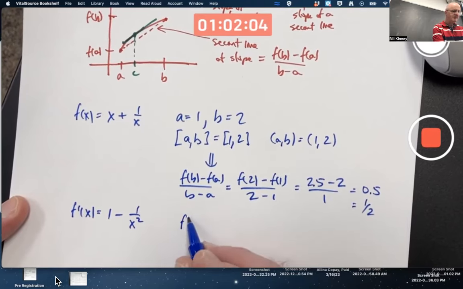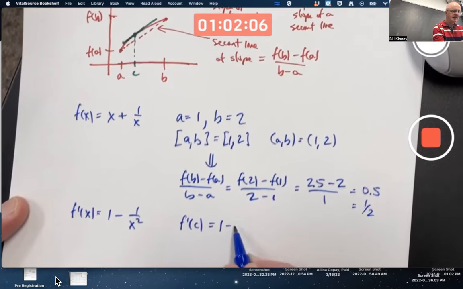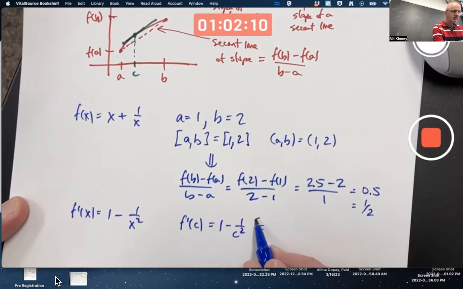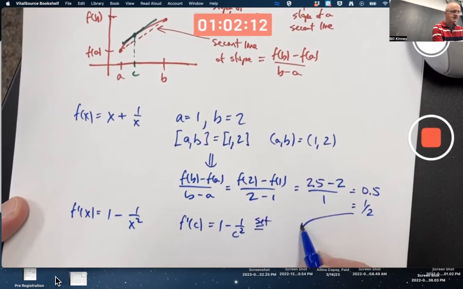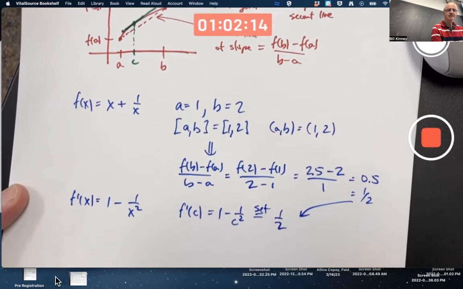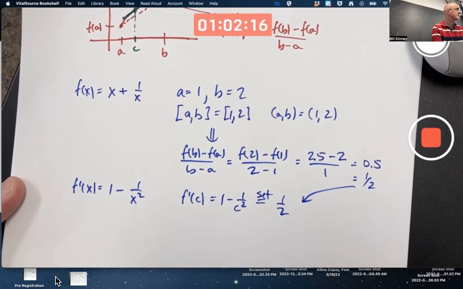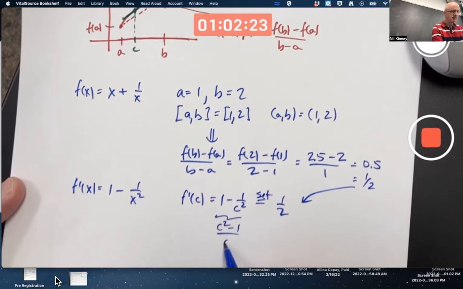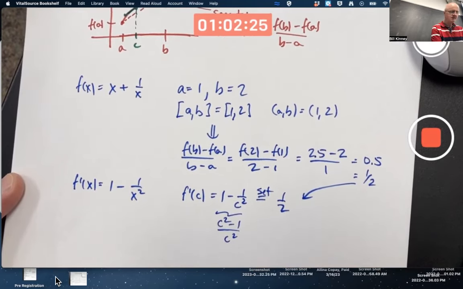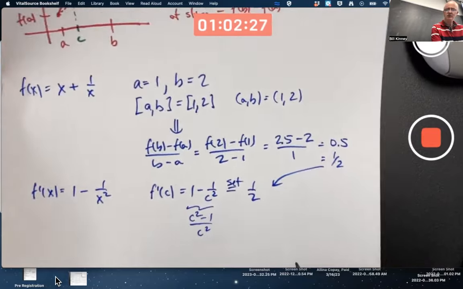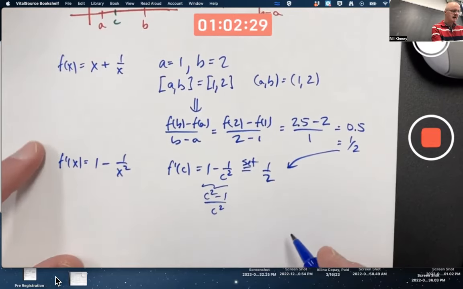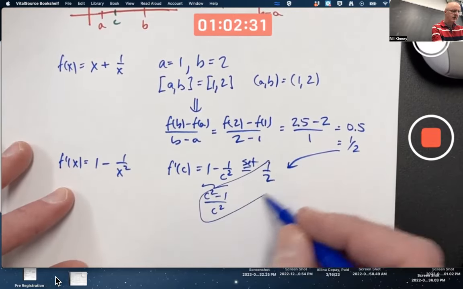I can go ahead and replace x with c and write this. And to find c, I want to set this equal to the slope of the secant line, 1/2, and solve for c. Can it be done? Yeah. Maybe I'll write this as c squared minus 1 over c squared, and then I'll cross multiply. Might be the easiest way to do this. So I'm looking at these being equal and cross multiplying.